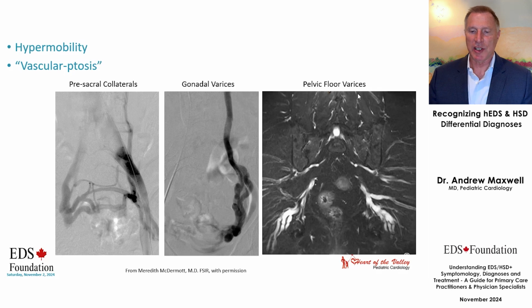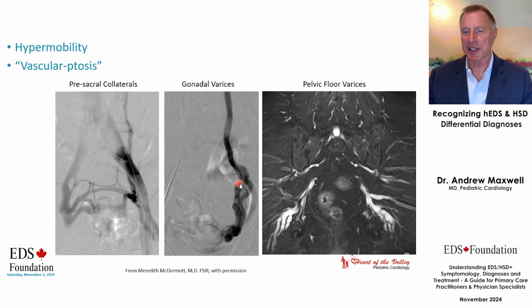Here's some imaging provided by Meredith McDermott, who is an interventional radiologist who takes care of these patients with pelvic pain syndromes, showing different imaging here, such as the development of collaterals that these patients will often need to produce in order to get blood flow back to the heart.